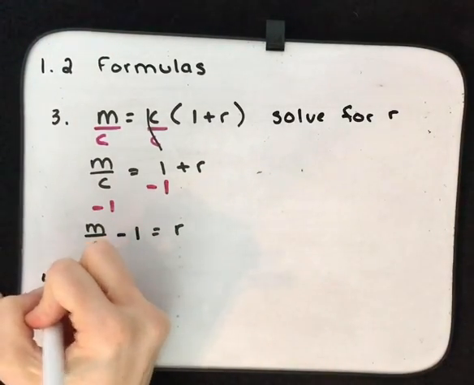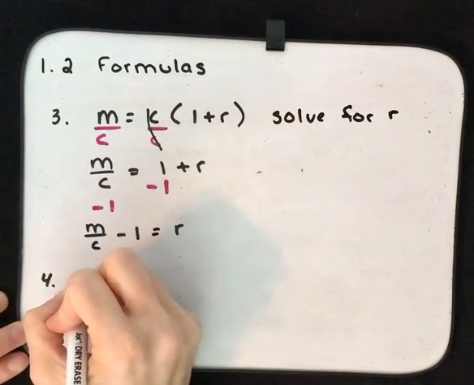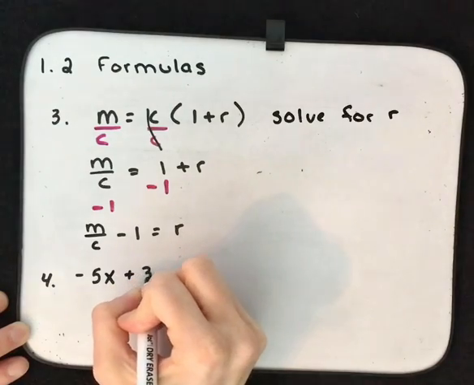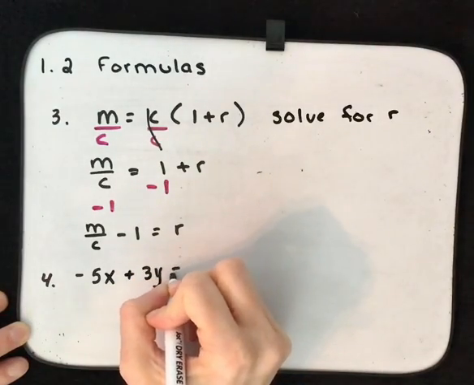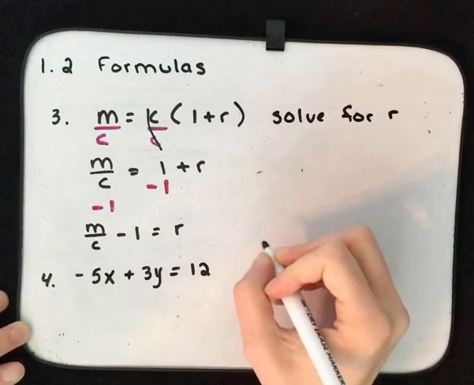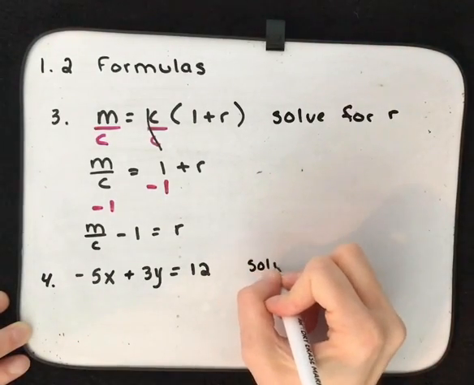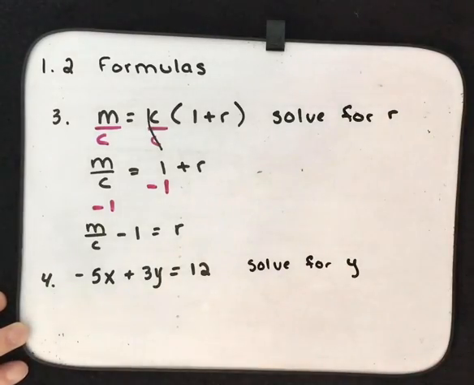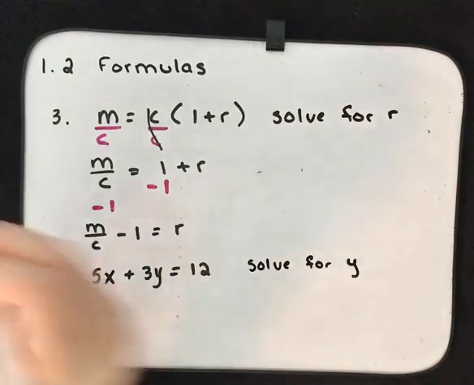Let's try number 4. Negative 5x plus 3y equals 12. And we're asked to solve for y. Well, here's our y right here.